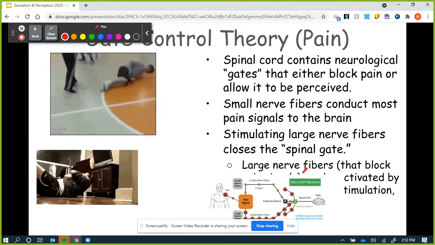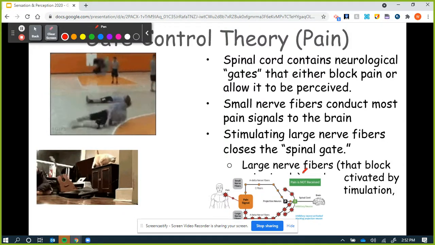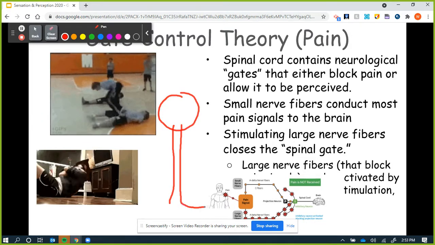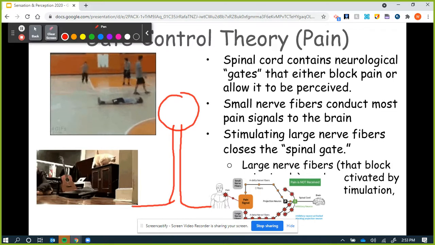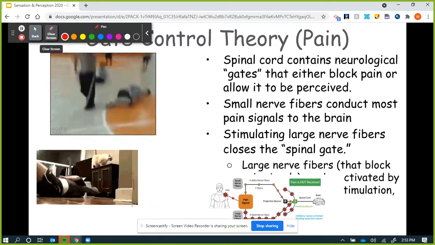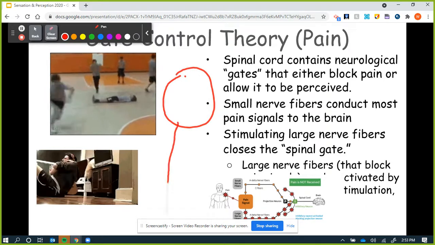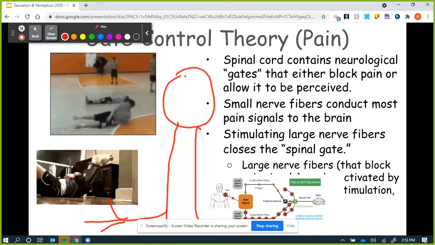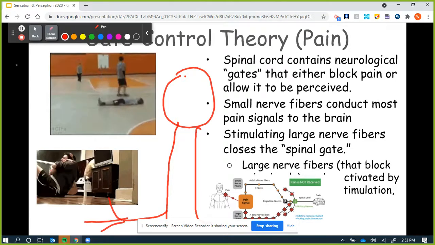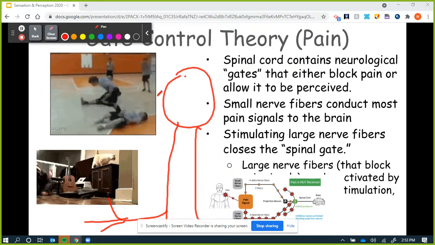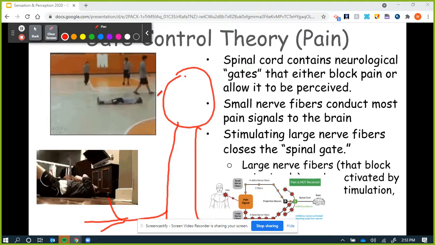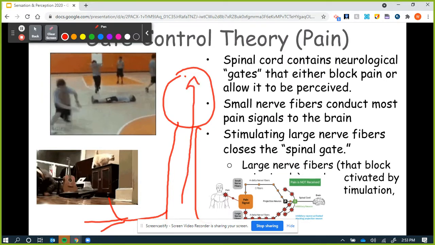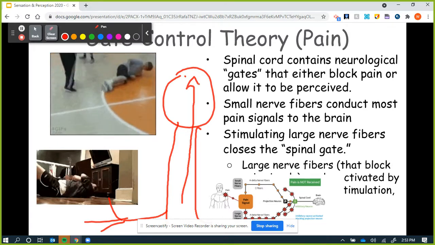Gate control theory basically says that, let's say that we got a guy here, and there's his spine, and there's his foot, and let's say that he stubs his toe, and so those pain signals travel up the spine, right? If the pain signal is strong enough, and there's enough of what's called substance P, then that pain signal travels up to the brain, and you're able to feel pain.